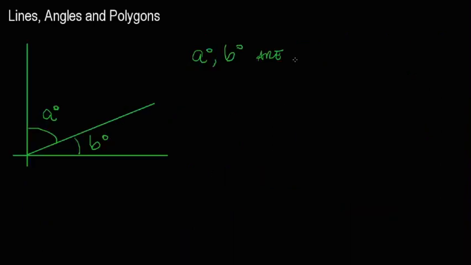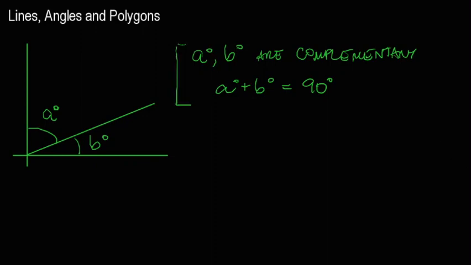So if you look at this new example here, A and B, they are not only complementary, right? So this means A plus B will add up to 90 degrees. That's what this means. But also, they are adjacent.